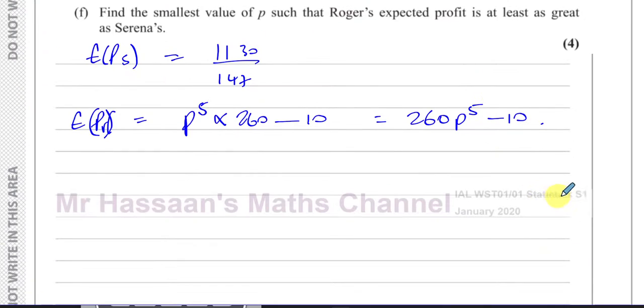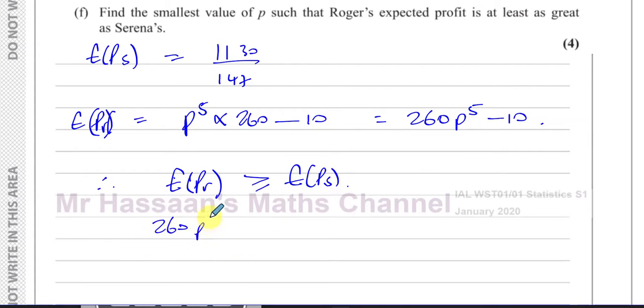And we want to make sure that that is greater than this value here. So the expected profit of Roger has to be greater than or equal to, at least as great as, the expected profit of Serena. So we can say that 260 p to the power 5 minus 10 has to be greater than or equal to 1130 over 147.